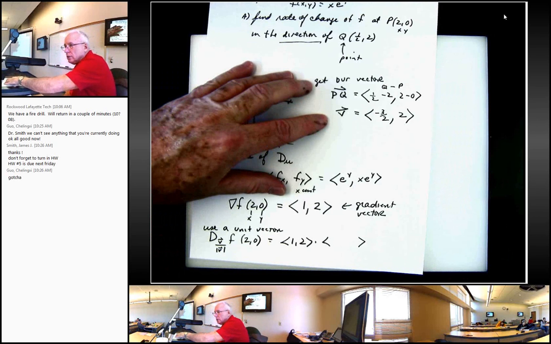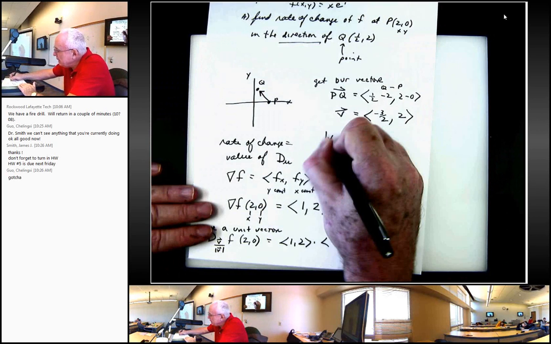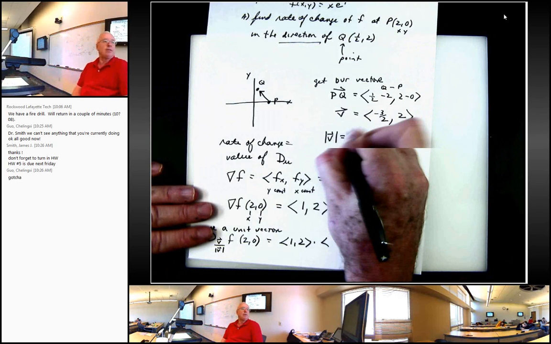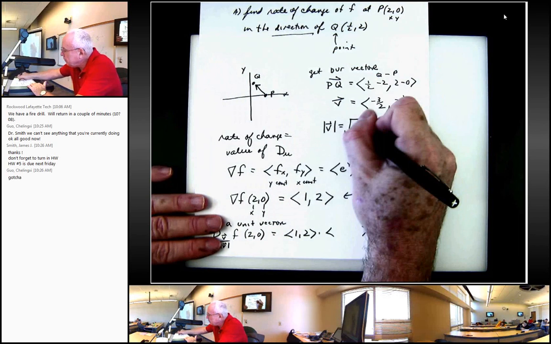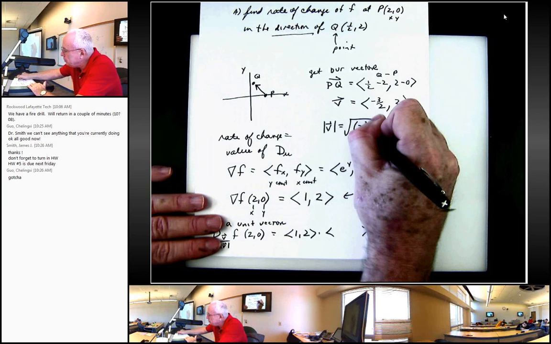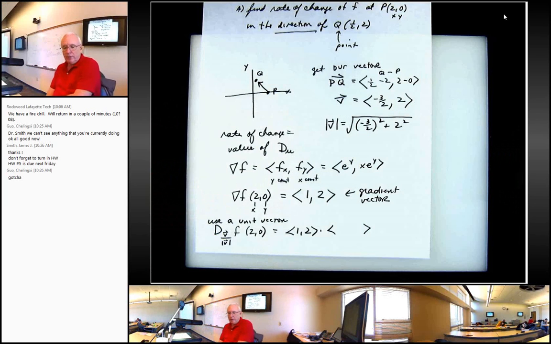We have to do a little number crunching to figure that out. The magnitude of our given direction vector is the square root of the squares of each component added together. Unfortunately, we end up with a fraction here, so we have the square root of what?